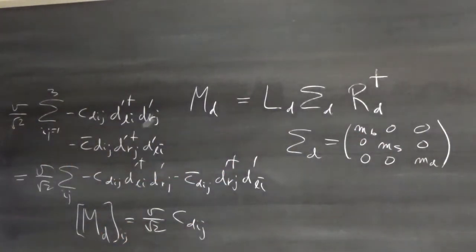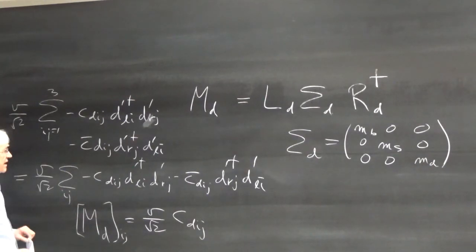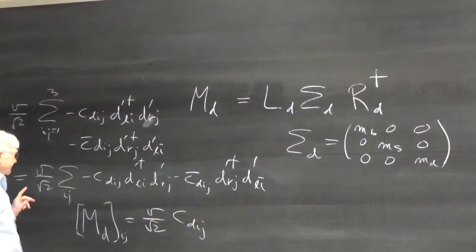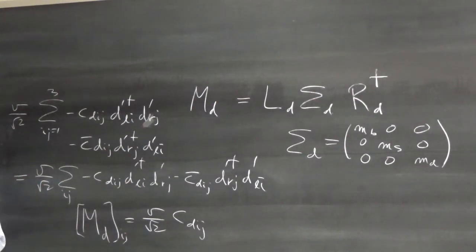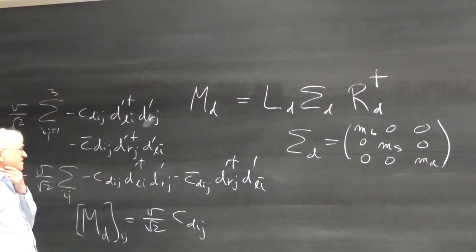Something that I hope I mentioned a few times in earlier lectures is that the sign of the mass of a fermion does not matter. And in fact, it's almost certainly true that the phase doesn't matter either.